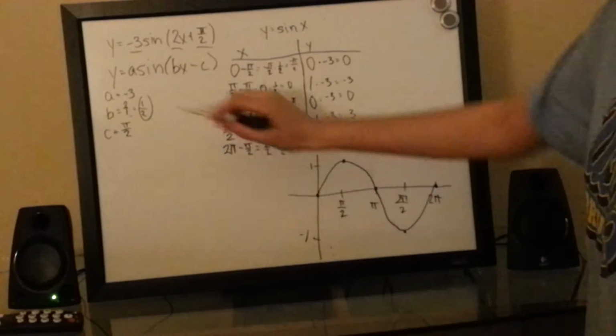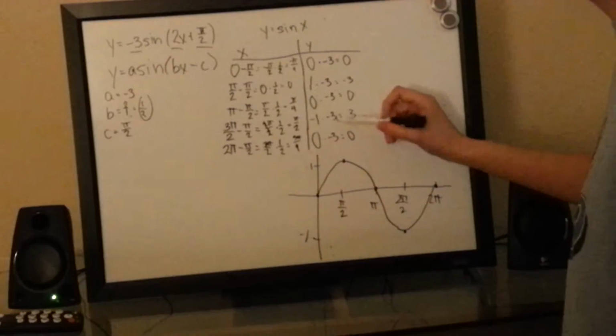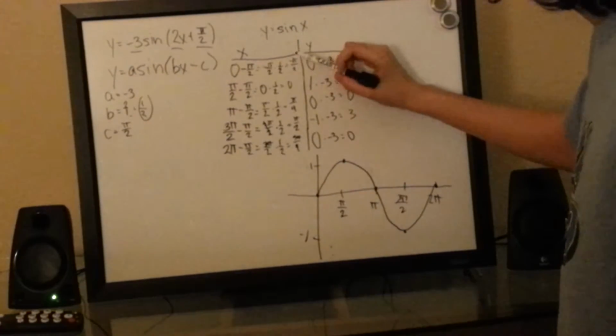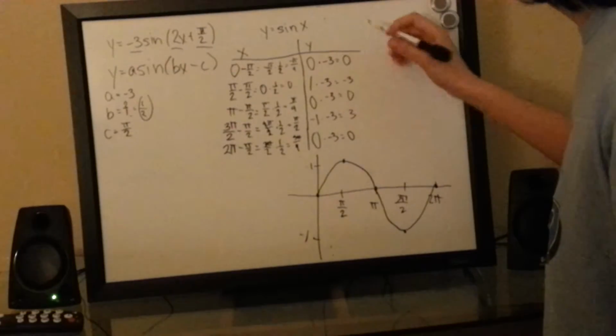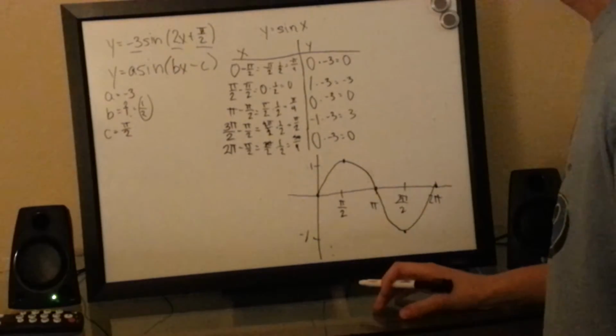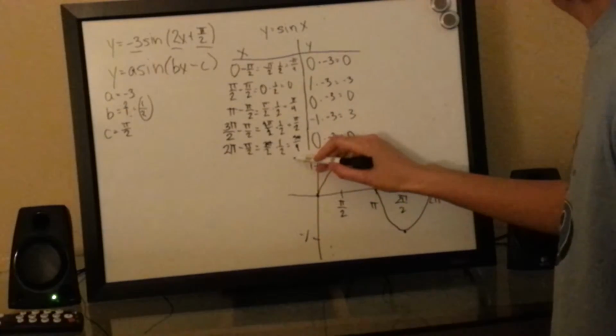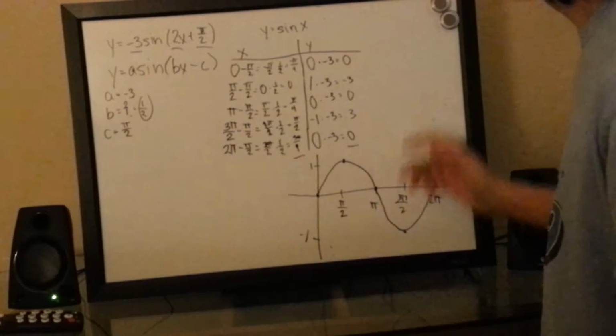So after applying a, b, and c to our x and y values, we finally end up with the values that we want to apply to the graph to give us our final graph, in this column.